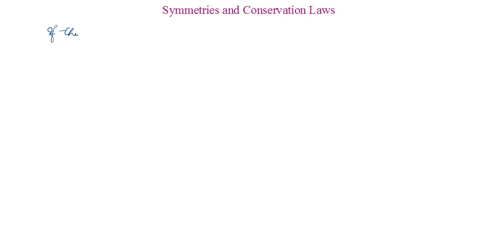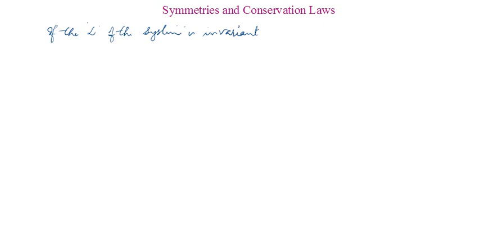That's a wonderful function that we have regarding a system. So if the Lagrangian of the system is invariant, it means it remains the same, it's not affected.